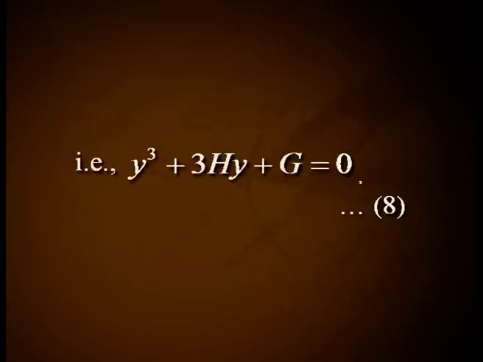That is y cube plus 3hy plus g equal to 0, equation number 8, where h equal to ac minus b square and g equal to a square d minus 3abc plus 2b cube. The equation 8, where the term in y square is absent, is the standard form of the cubic.